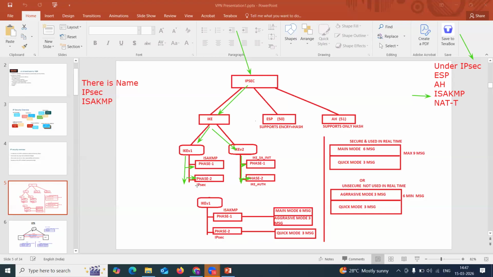Guys, are you understanding what I'm saying? Did you understand protocol and did you understand name? Where to use name and where to use protocol? Are you getting it? Yes, yes. Yeah, all clear. Are you getting my point, what I'm trying to tell?